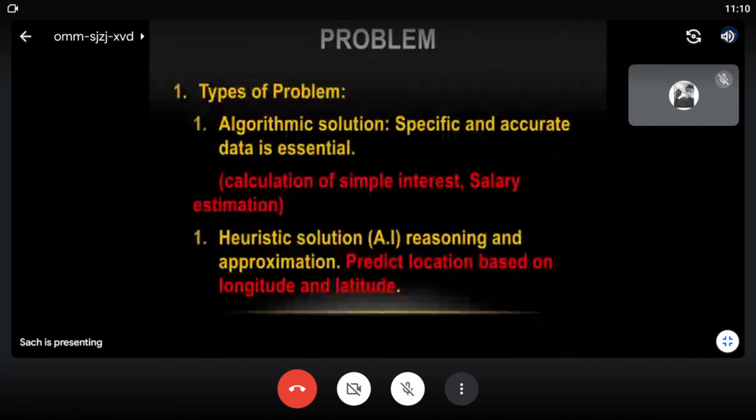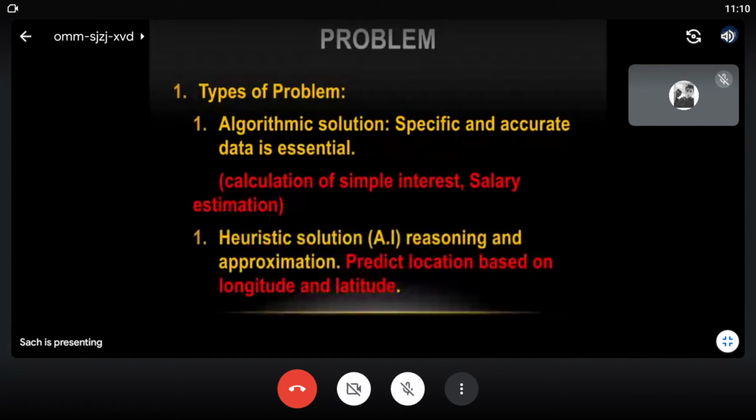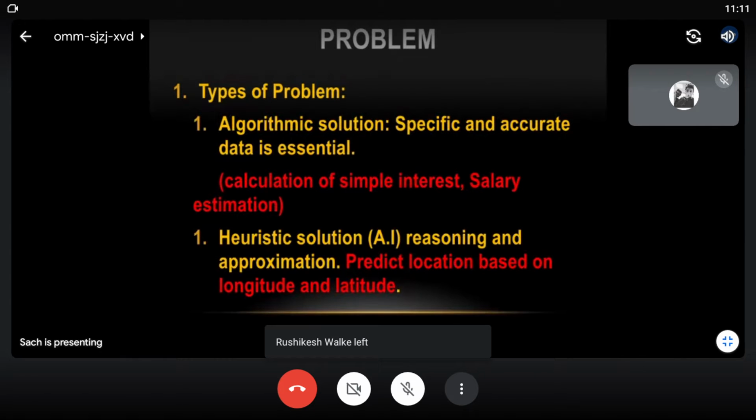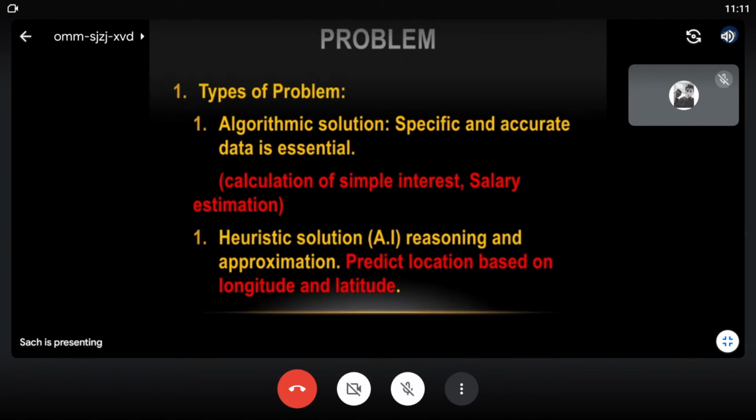So, heuristic solutions are a little difficult, but when we are able to solve algorithmic solutions, then we will see how heuristic problems can be solved. The basic example of heuristic is to find the person's location from a GPS system using longitude and latitude.